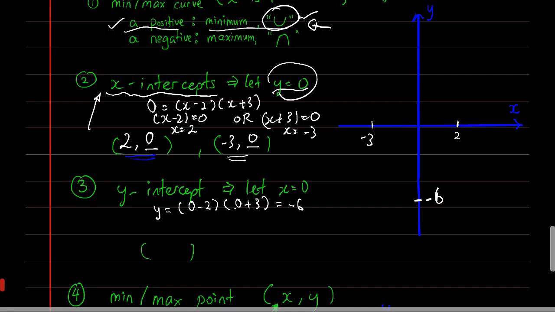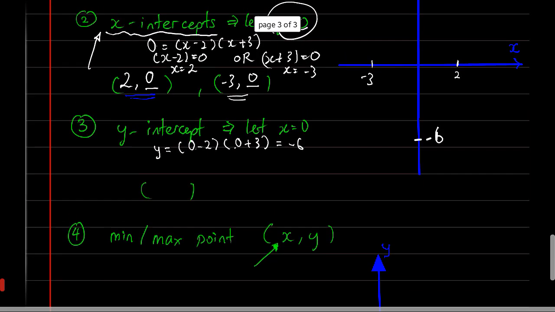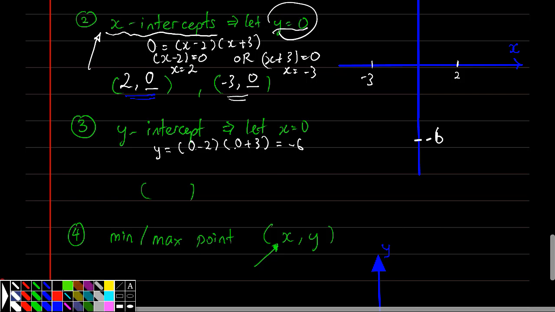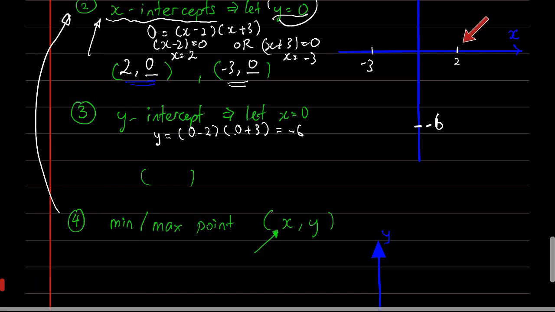The minimum point is found by making use of the x-intercepts. Now how do I do that? We know that the minimum point must be the average of these two x coordinates. So I have my first one here, the second one here. So it must be in between these two.